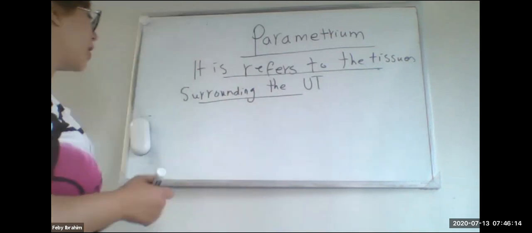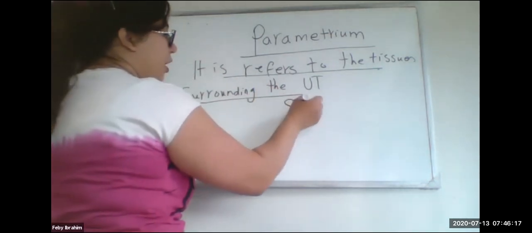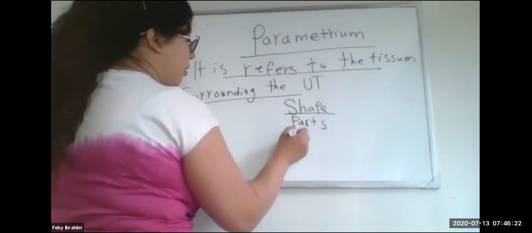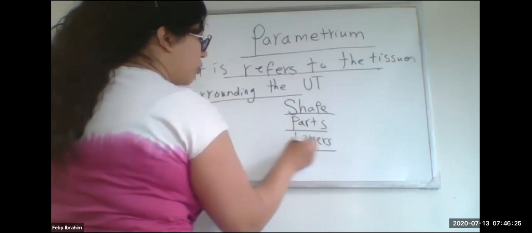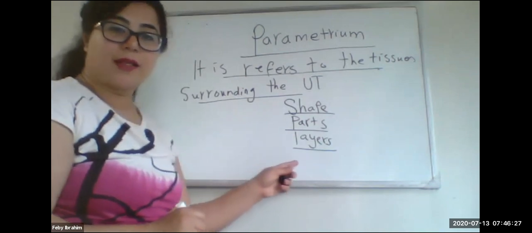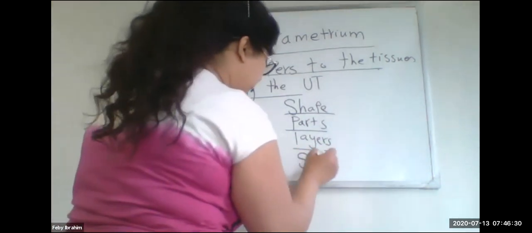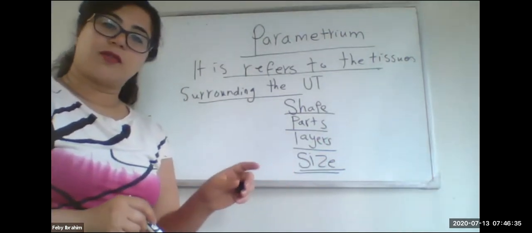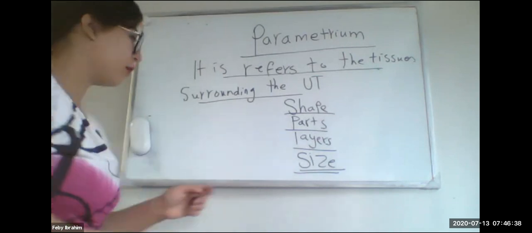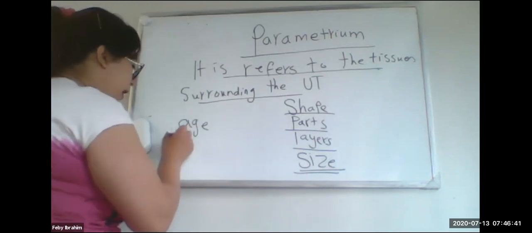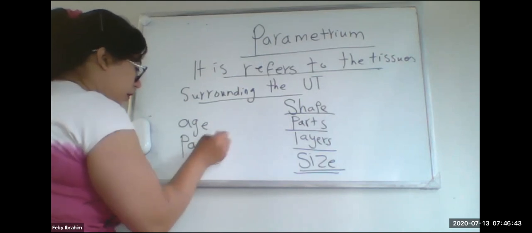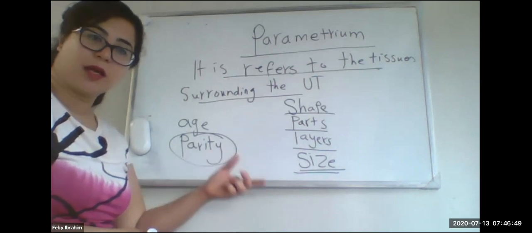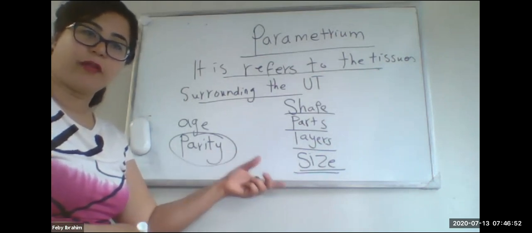This is the parametrium. So we talk again about the shape of the uterus, the parts of the uterus, the layers of the uterus. Next, it will be the size of the uterus. The size of the uterus varies with age and parity. What is the meaning of parity? Parity means how many times a woman gives birth.